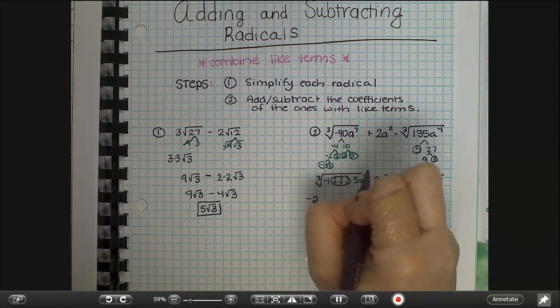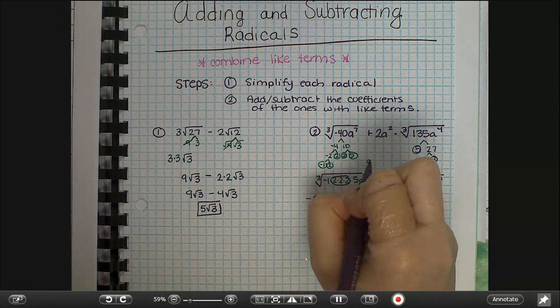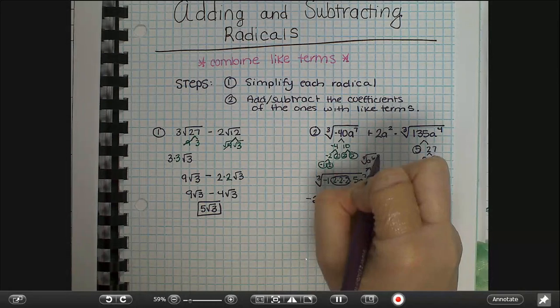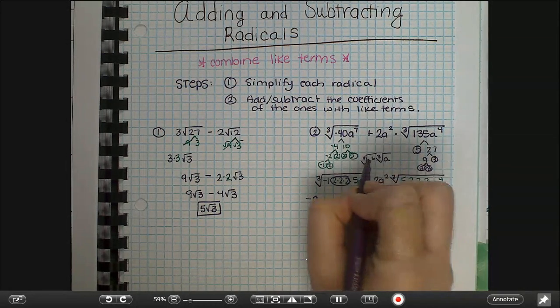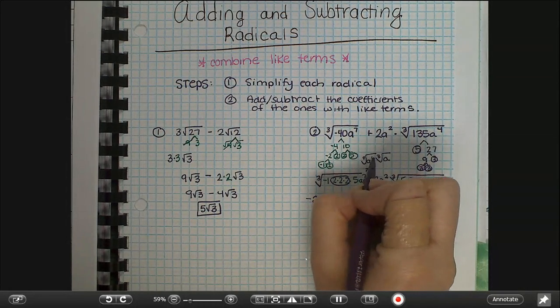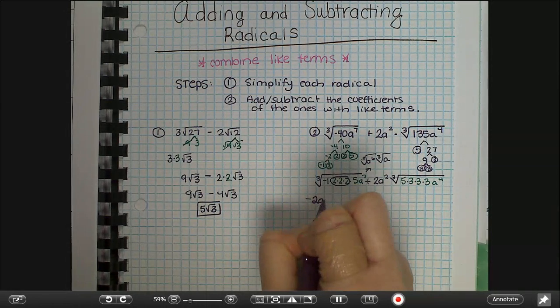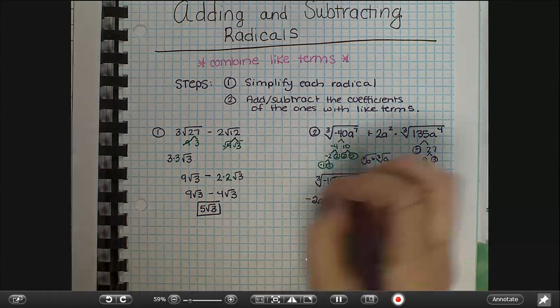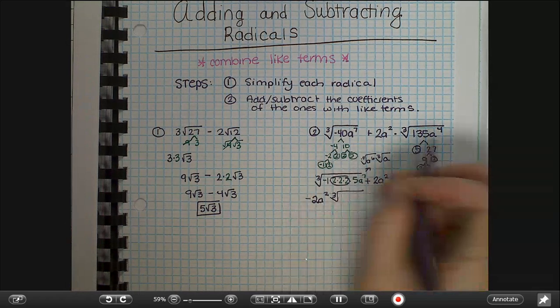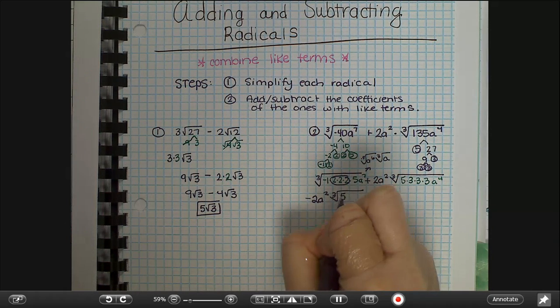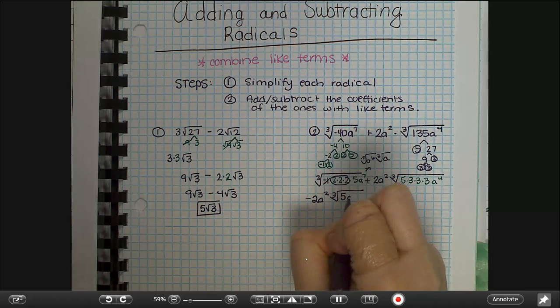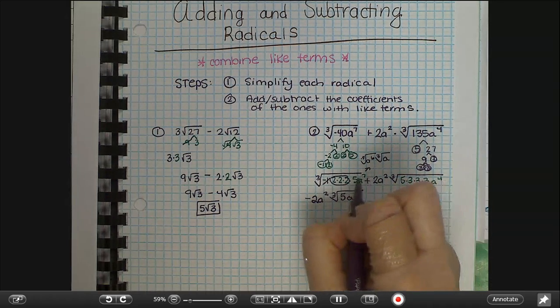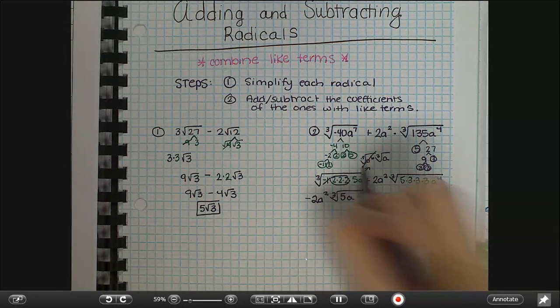This a to the 7 can be written as a to the 6, the cube root of that, times the cube root of a. 6 divided by 3, a squared on the outside. So what we have left is 5a, and that's it.